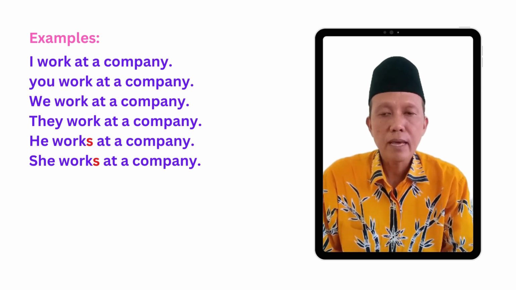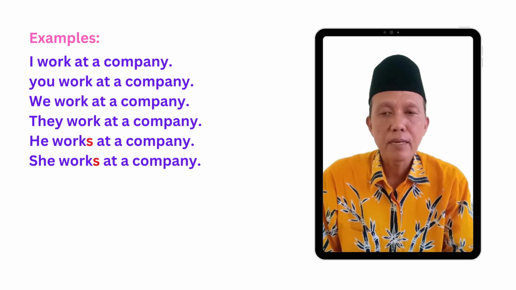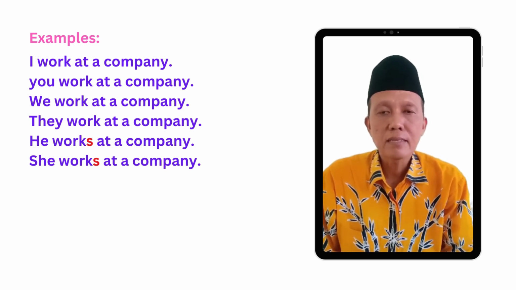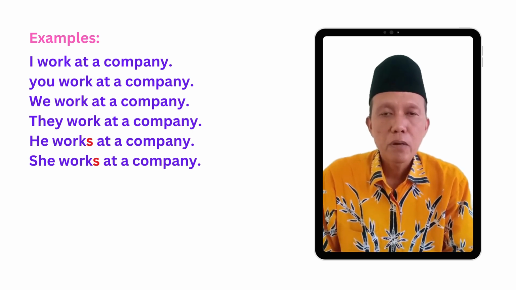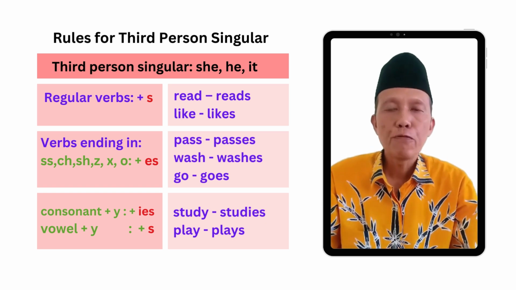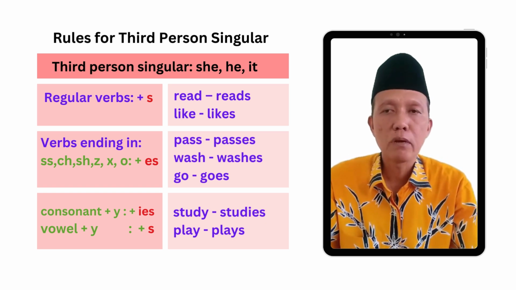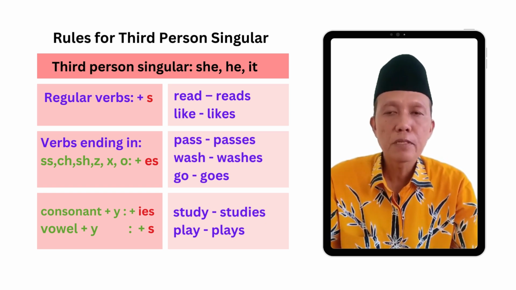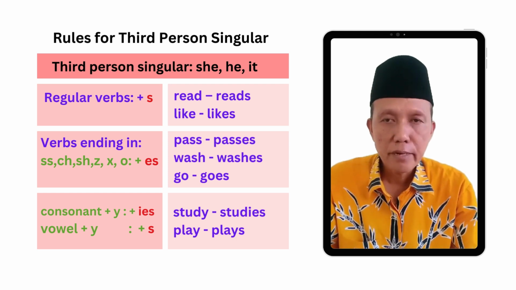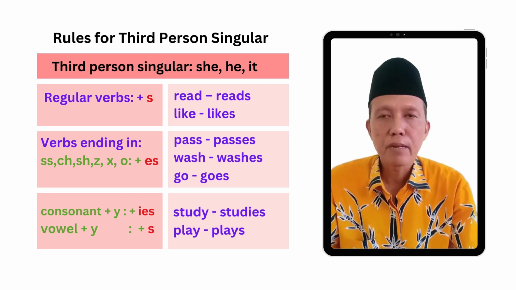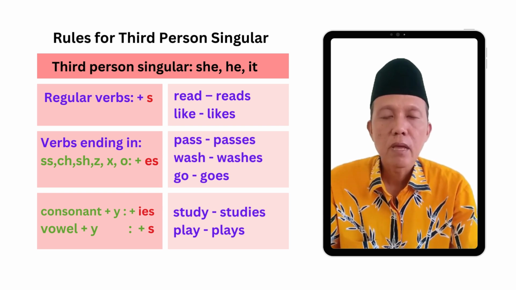He works at a company. She works at a company. Again, we add an S at the end of verb works. Rules for third person singular. For regular verbs, we add an S. For example, read becomes reads.